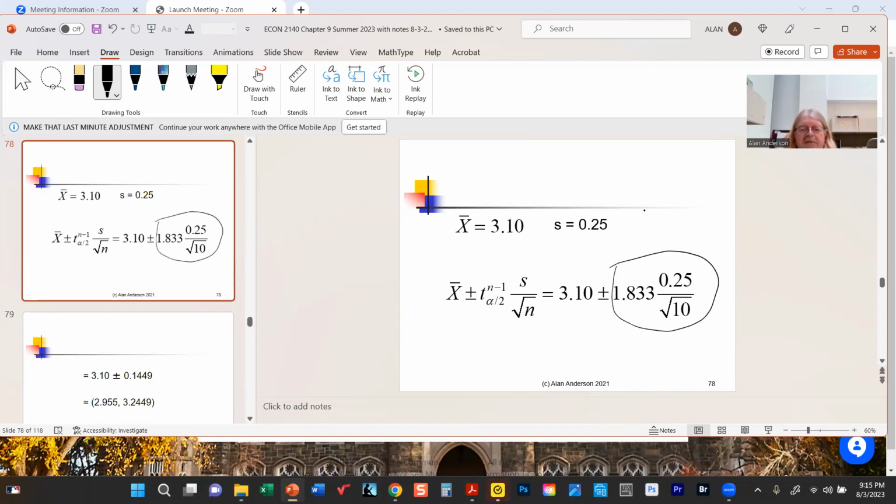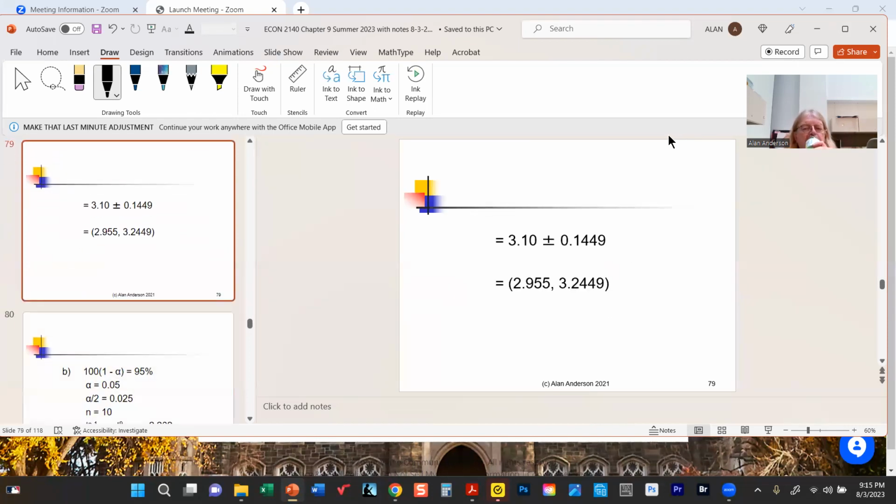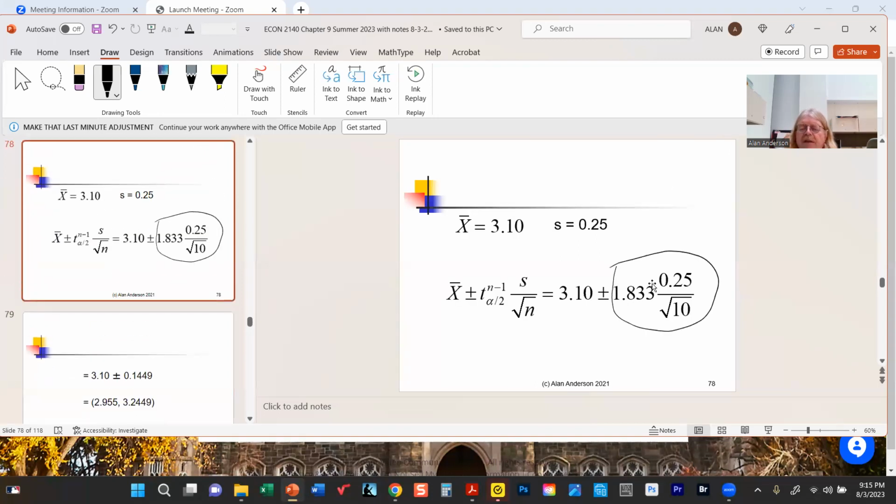You'll add and subtract that from 3.10 to get your confidence interval. Well, if you do the calculations, you'll see that this is approximately equal to 0.1449. So you're going to have 3.10 plus and minus 0.1449 with 90% confidence.